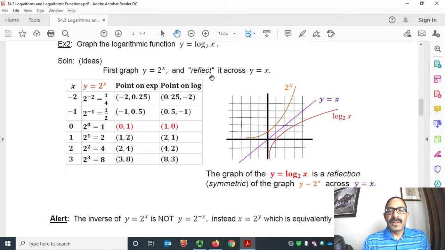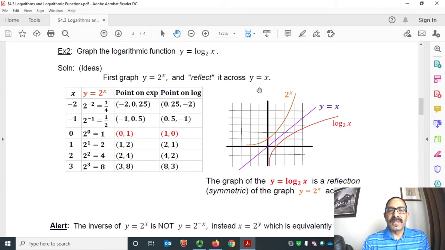Since the logarithmic function is the reflection of the exponential function across y equals x, I am switching the x and y coordinates here. So the point on the logarithmic function's graph is 0.25, negative 2. I'm just switching. I hope it makes sense to you all here. The x coordinate becomes the y coordinate and the y coordinate becomes the x coordinate.